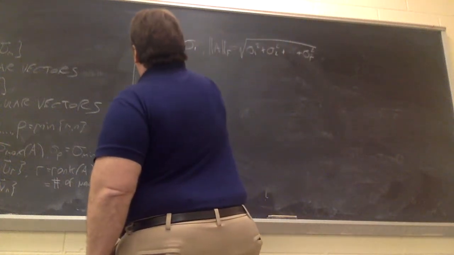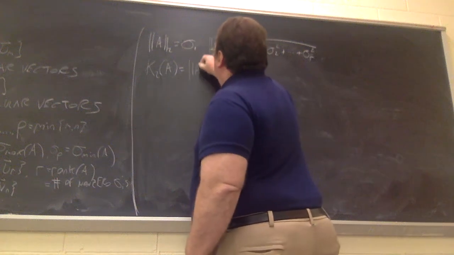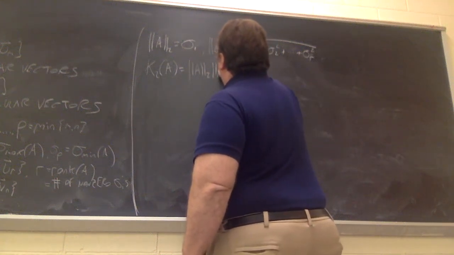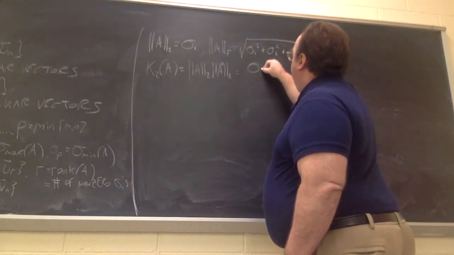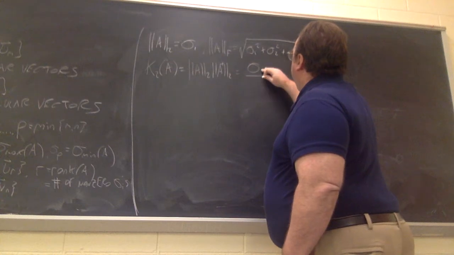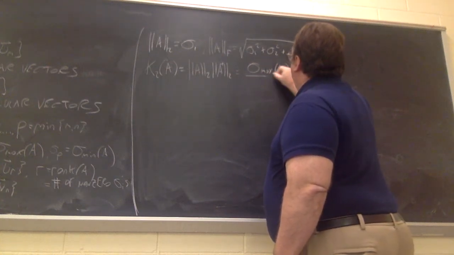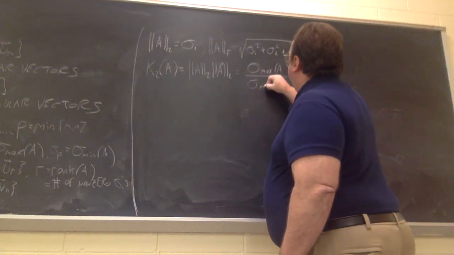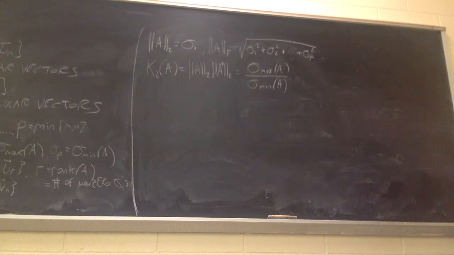The condition number of A in the 2 norm, so that's the 2 norm of A times the 2 norm of A inverse, is sigma max, also known as sigma 1, over sigma min, for a case where A is invertible.